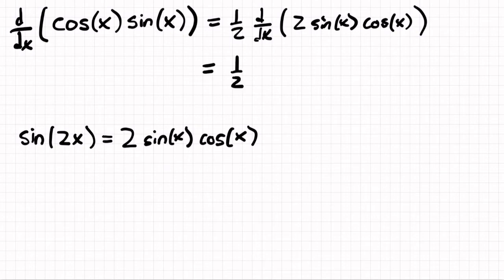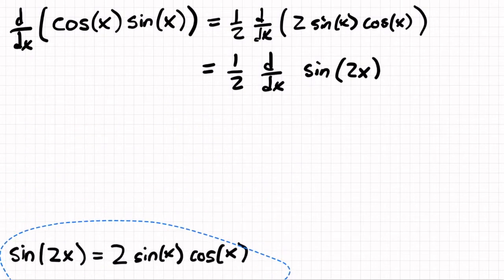So we have 1/2 d dx of sine of 2x. And now we can use the chain rule. Maybe I'll move this guy down to the bottom.